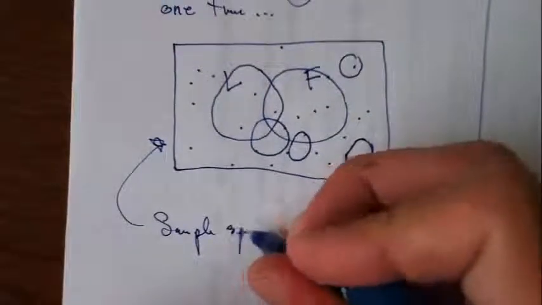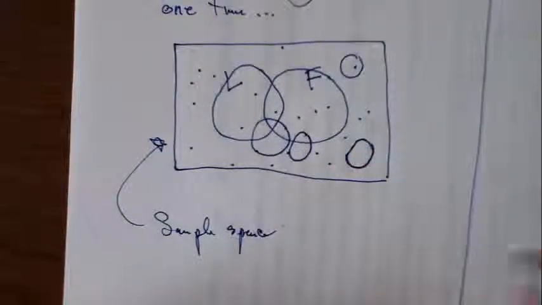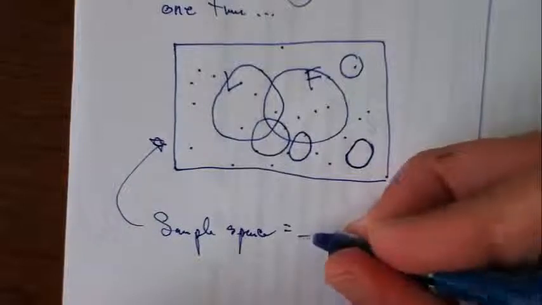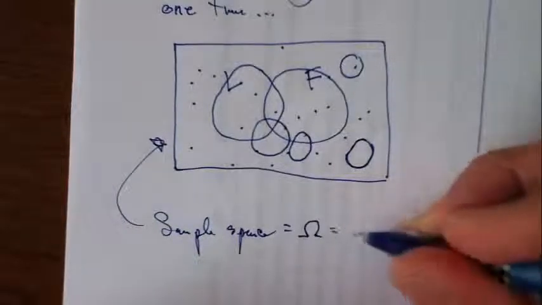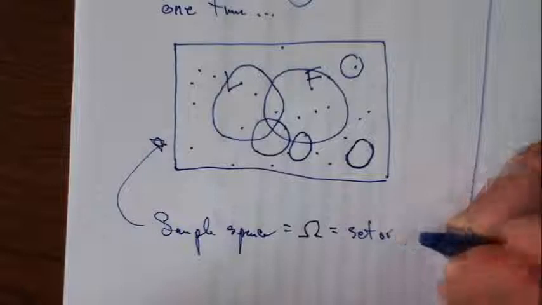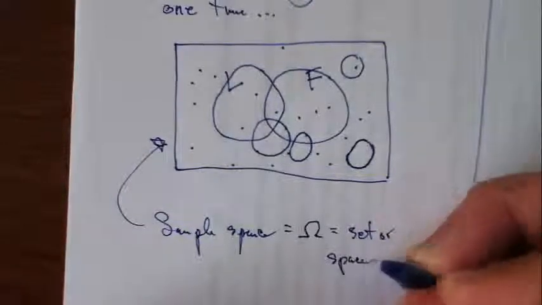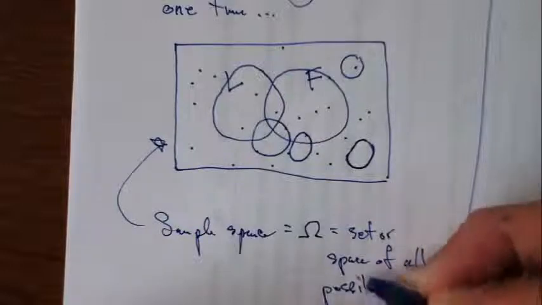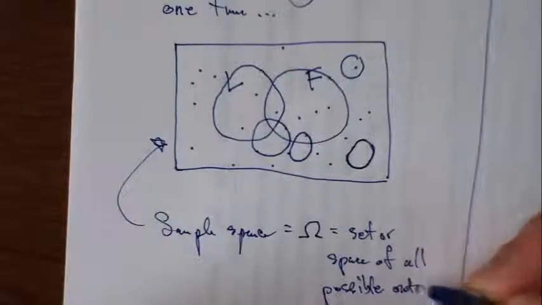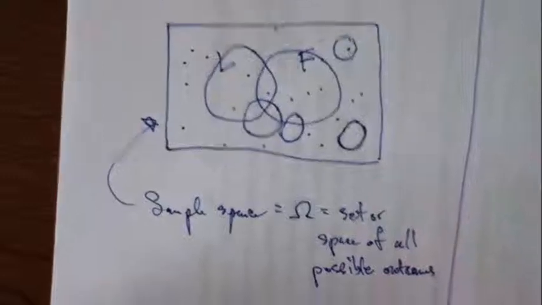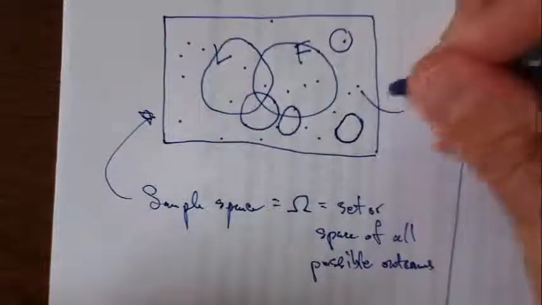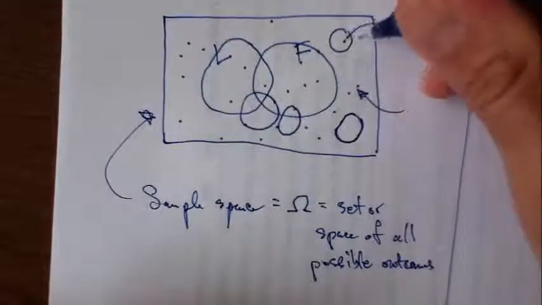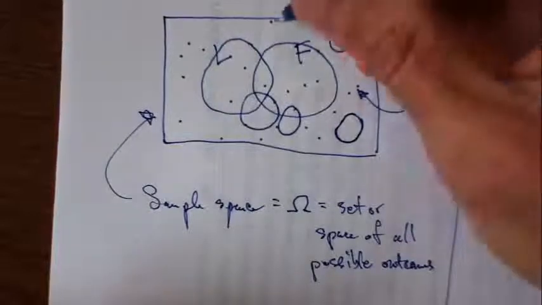It's the set or space of all possible outcomes. All these outcomes I represent by these little dots in here. These are all the possible little tiny things that could happen.